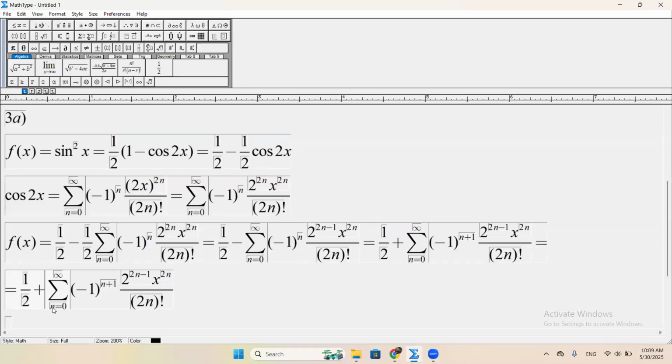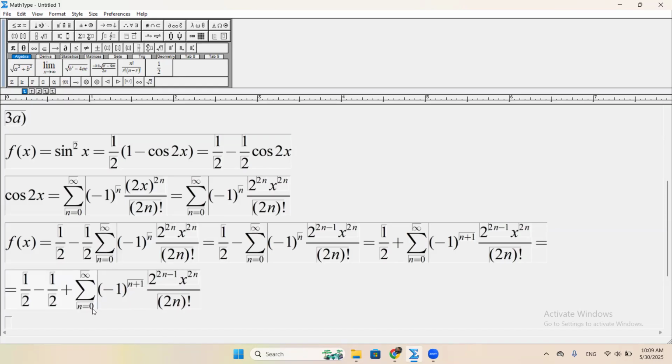So the 0 term will be minus 1 over 2. If I substitute 0, minus 1 over 2, and then plus this sum, but starting from index 1. So the final answer is the following. Any questions about this exercise?